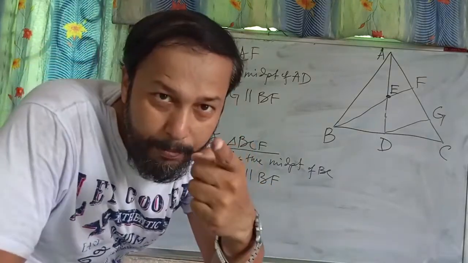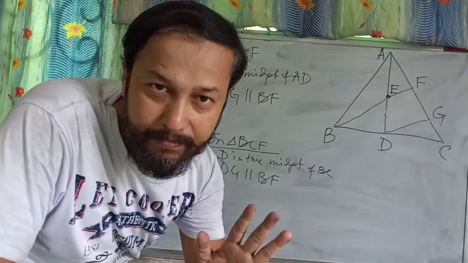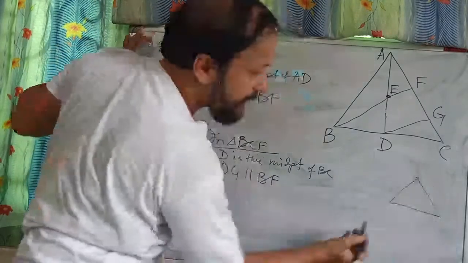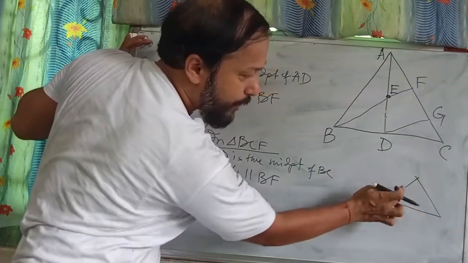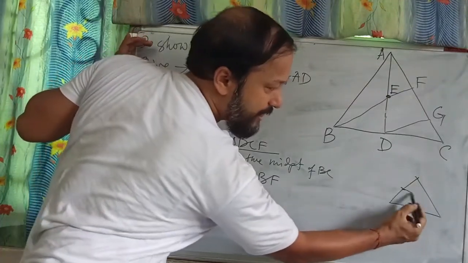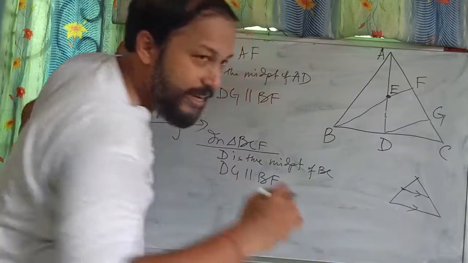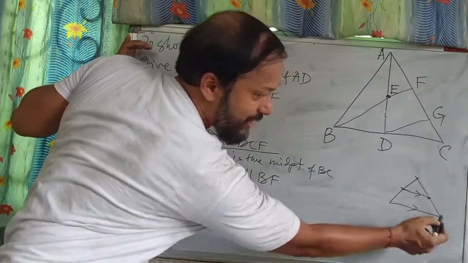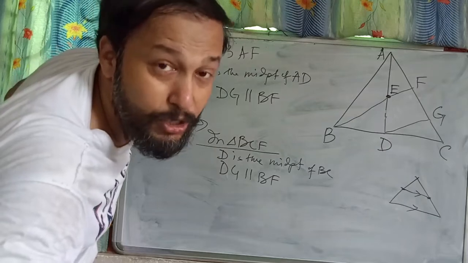Now think about the midpoint theorem. In a triangle, if this is the midpoint of this side and this side is parallel to this, that means this is the midpoint of the other side. We are going to use that.